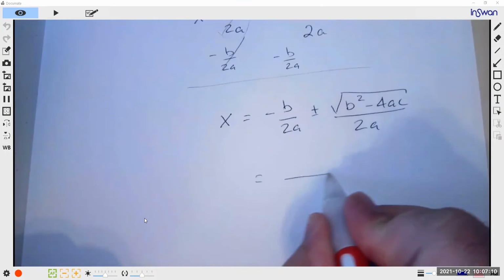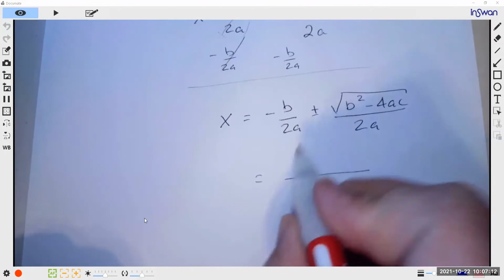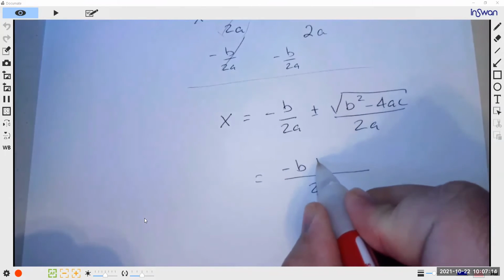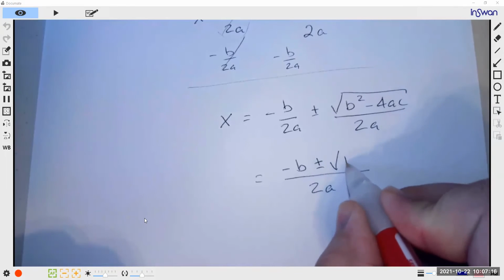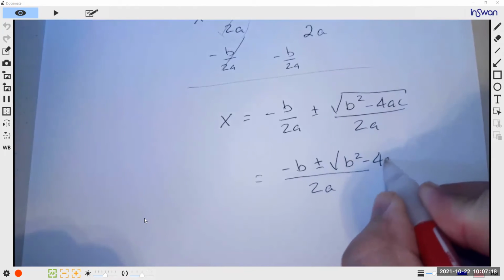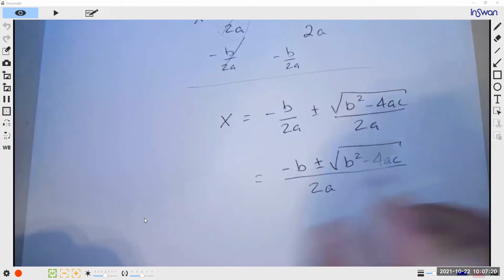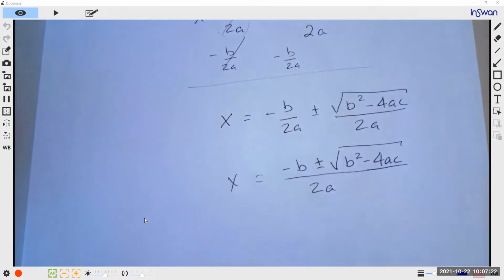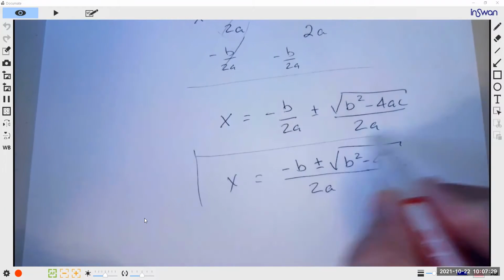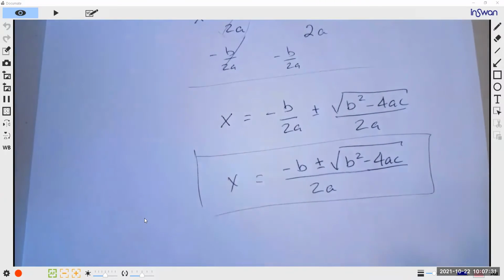Since we have a common denominator, b squared minus 4ac equals x. And then we solve for x. That's a shortcut. And now we have a shortcut.